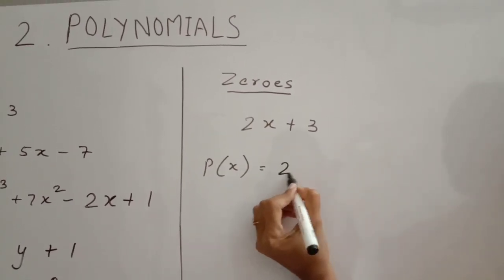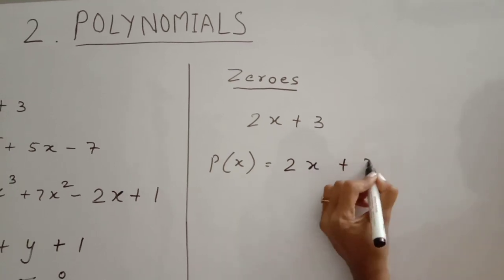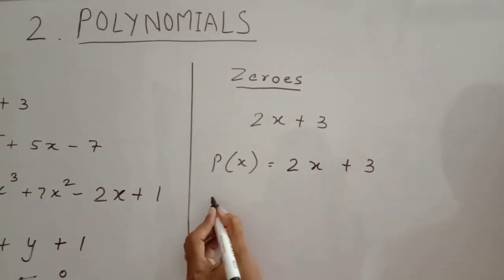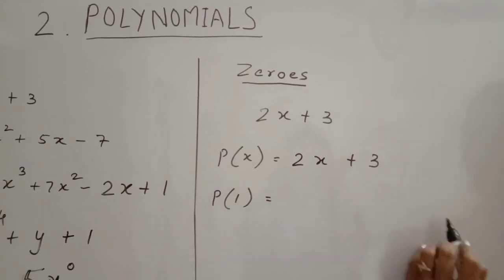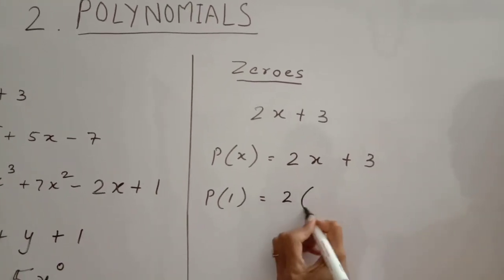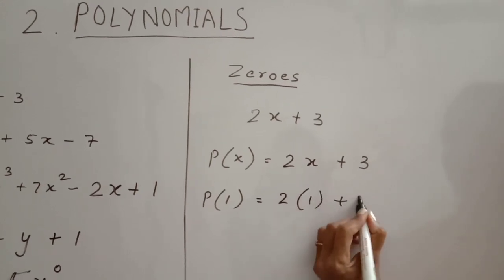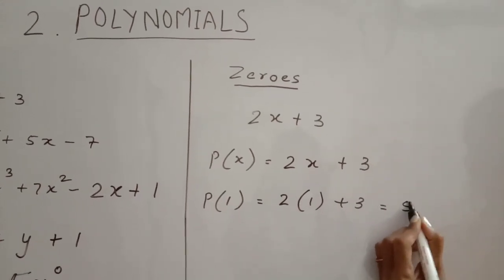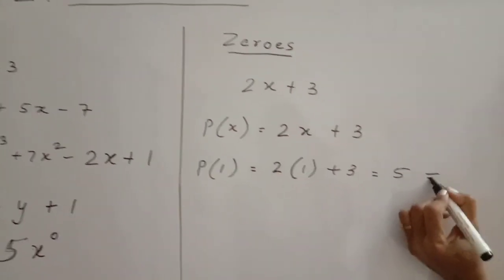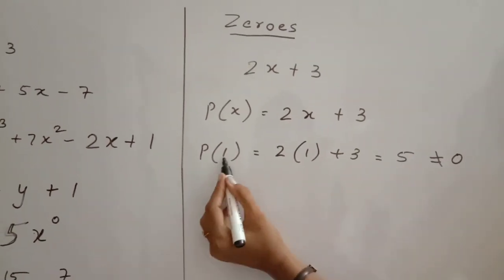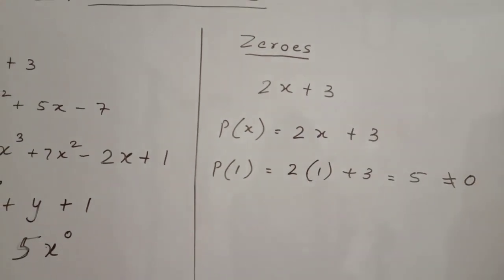So, here the polynomial is 2x plus 3. If I take x equal to 1, in place of x I put 1: 2 times 1 plus 3. So, I am getting the answer 2 plus 3, 5. So, I am not getting 0. So, 1 is not the zero of this polynomial.